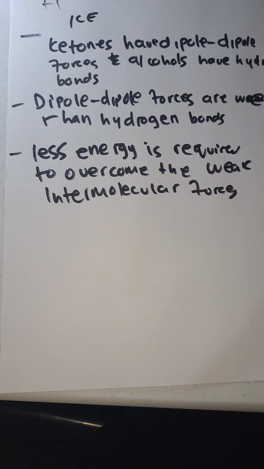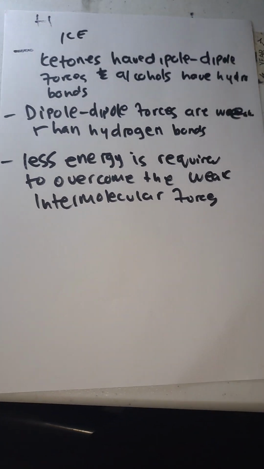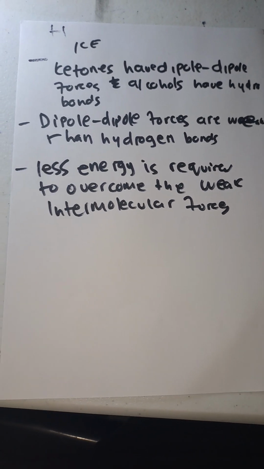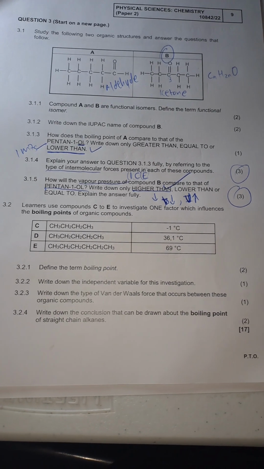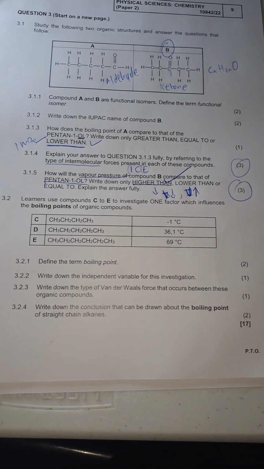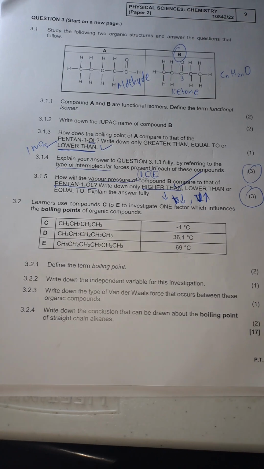Now let's go to question 3.2. I hope you now understand this. Question 3.2 says, learners use compounds C and E to investigate one of the factors which influence the boiling points.